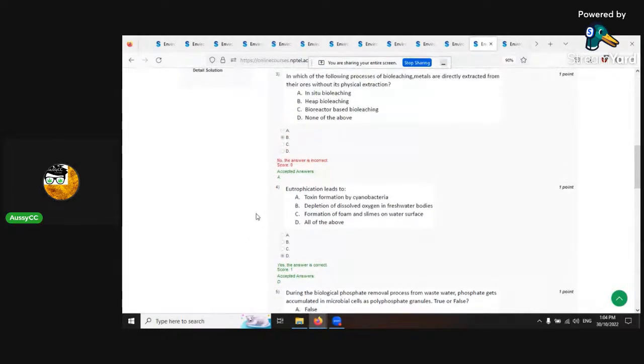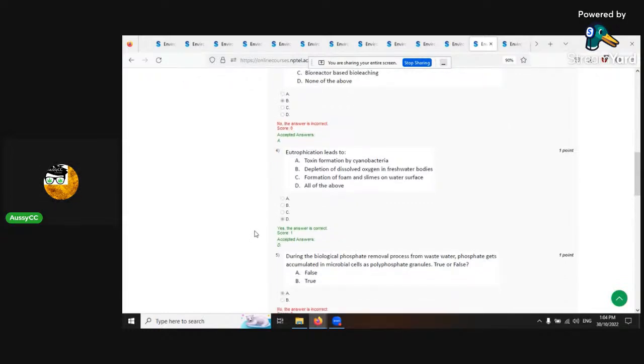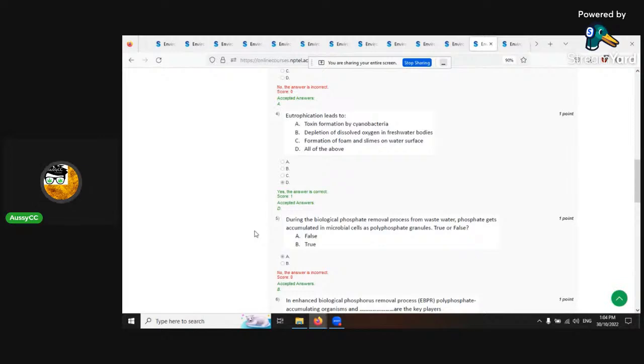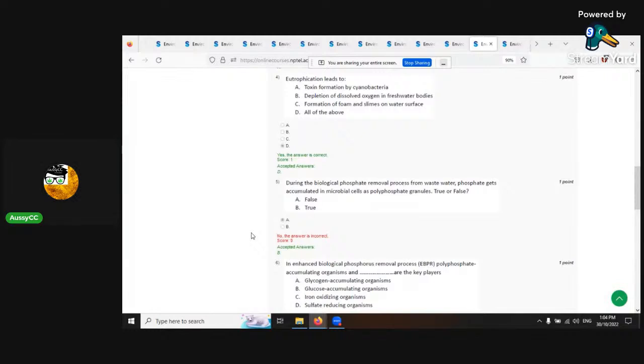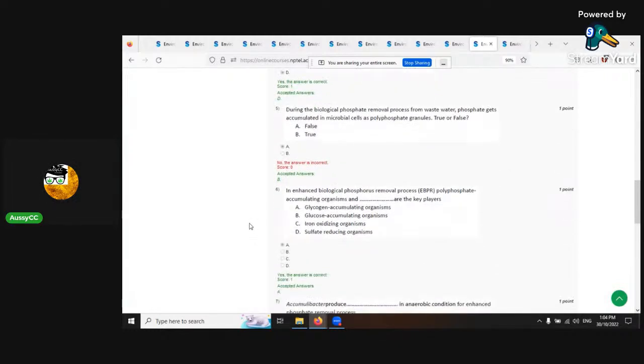During the biological phosphate removal process from wastewater, phosphate gets accumulated in the cells. It sure does. Enhanced biological phosphate removal, phosphate accumulation in organisms, and something of the key players. Glycogen. Accumulate back to produce.